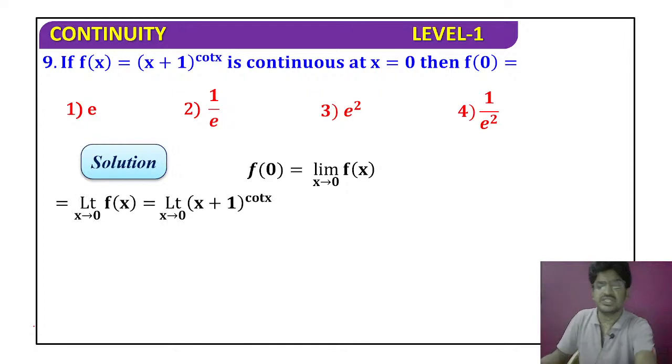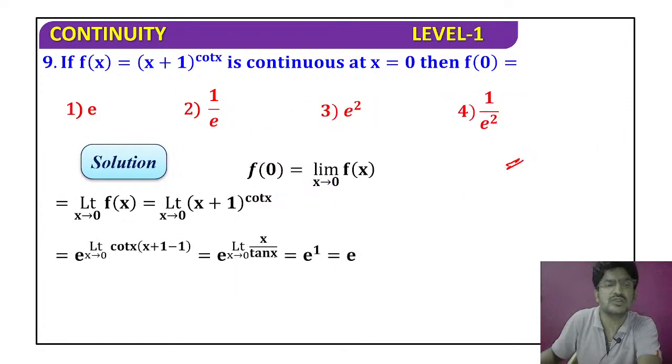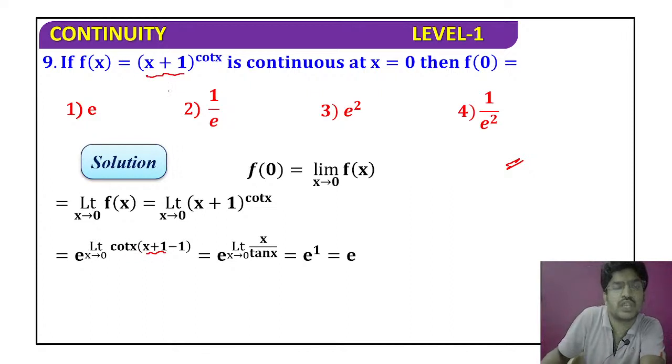Okay. Here you just see what happens. This is in the form of 1 to the power of infinity. So I will write it as f of x minus 1. Here you can just see f of x is x plus 1. So f of x minus 1, plus 1 minus 1 get cancelled.